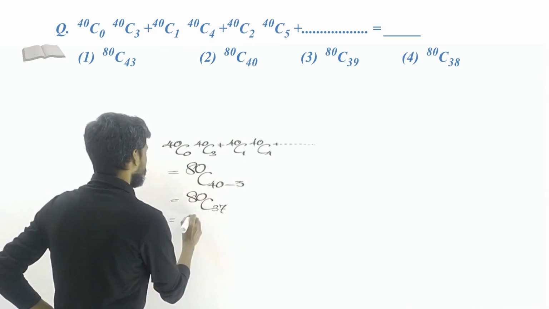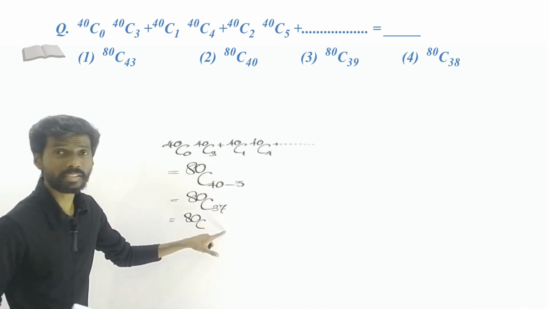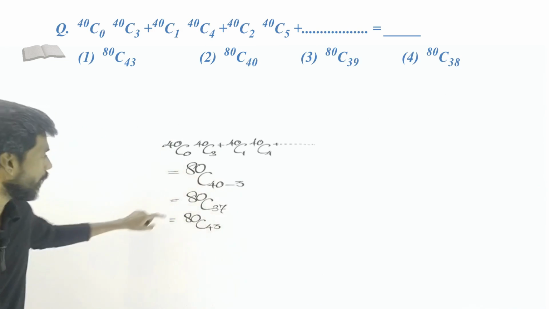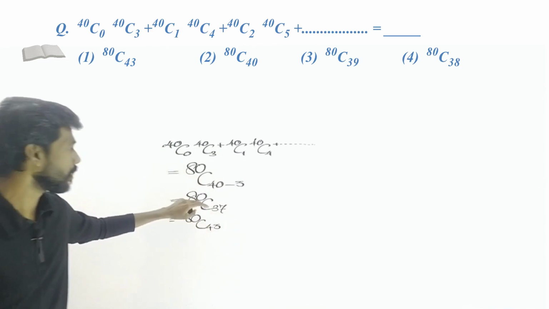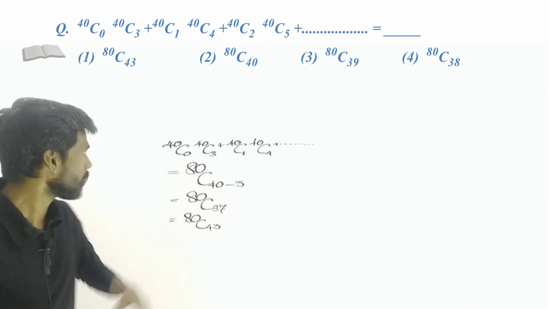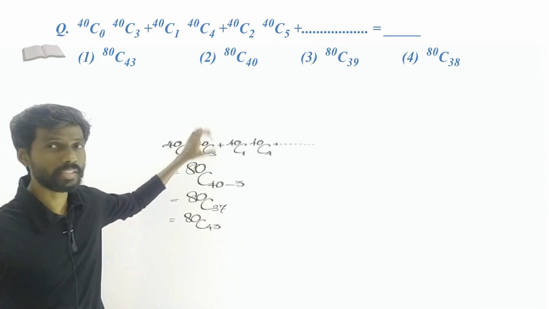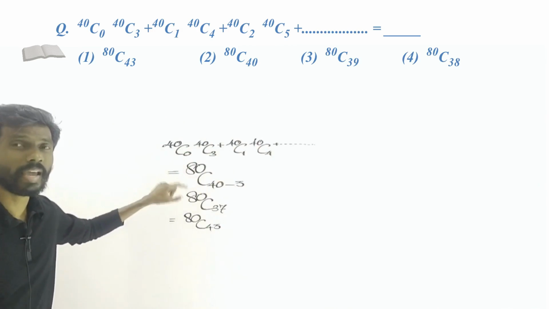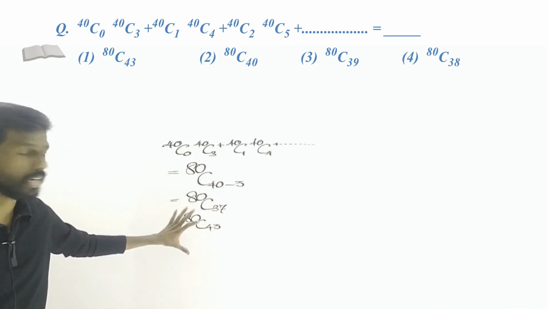Or we can also write it as 80C(80 minus 37), that is 80C43. Both are correct, whichever is given. If you just remember this formula, nC0 nCR, nC1 nC(R+1), etc., directly the formula is 2nC(n minus R), which gives you the answer 80C43.